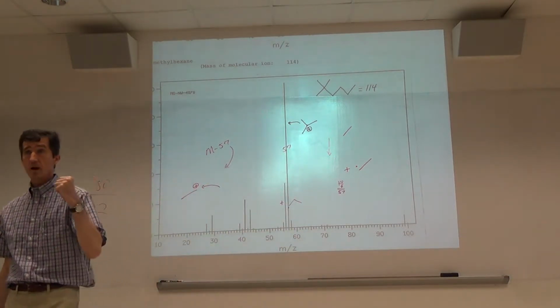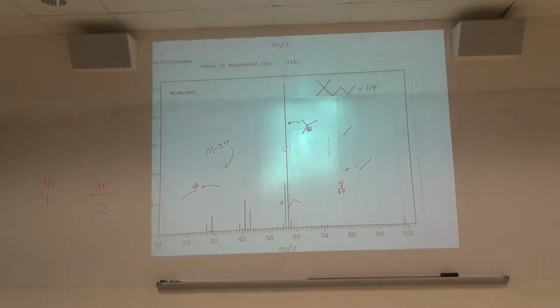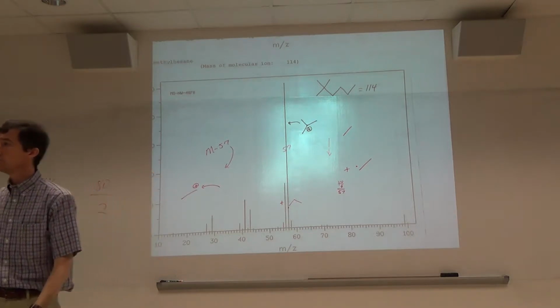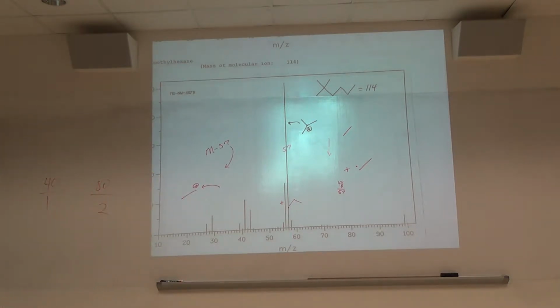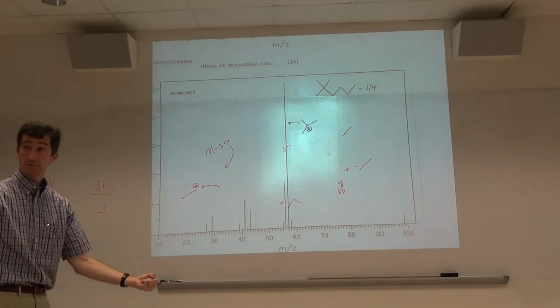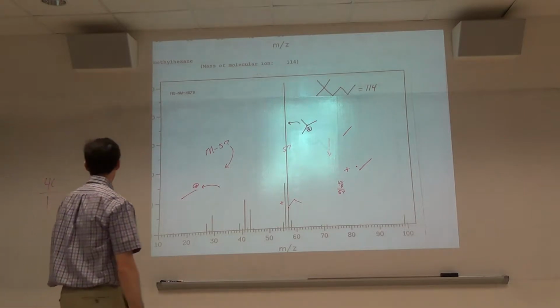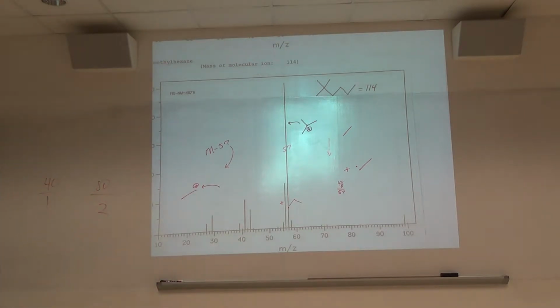That means that the molecule overwhelmingly wanted to cleave to give that cation. Somebody tell me why that cation was so favorable. Because it's tertiary. Your best cation is going to form. So where did it cleave?